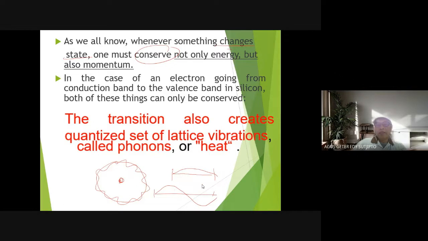This is what we call the momentum. In this case, the vibration of the electron is also called energy. There are two kinds of energy here. The crystal vibration is called a phonon, or lattice vibration.